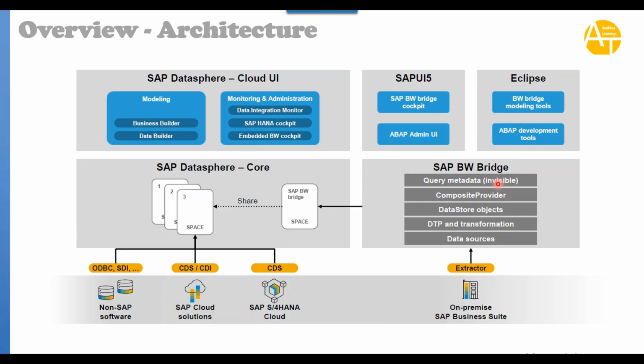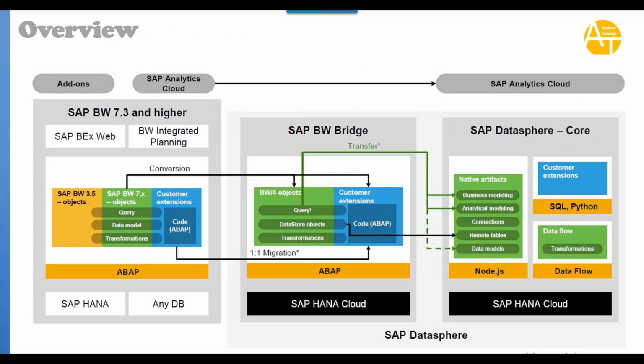So what you will get is a service key where you can easily connect your BW modeling tools via Eclipse. Administration topics are also handled like before in the UI5 Web Cockpit. So you can still do the administration using a web-based UI provided by SAP to the BW Bridge on top of it.